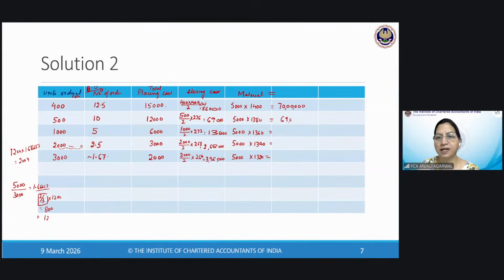So 69 lakhs. Another 1 lakh discount, 68 lakhs. Another 1 lakh discount, 67 lakhs. You can verify this: 1,340 into 5,000. Yeah. And 66 lakhs.